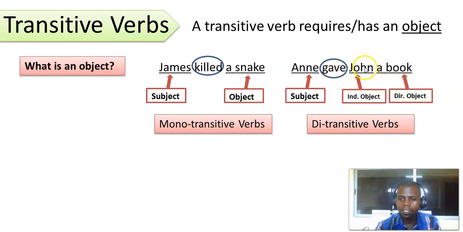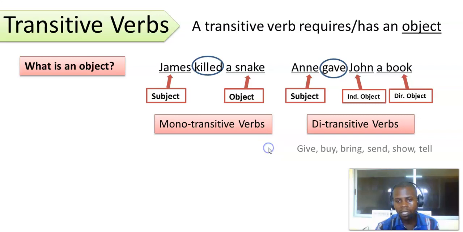John then receives the book from Anne. So there is a direct relationship between gave and a book, while John has an indirect relationship with gave. So we say that John is an indirect object and a book is a direct object.